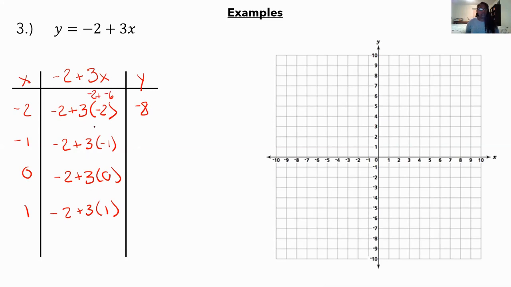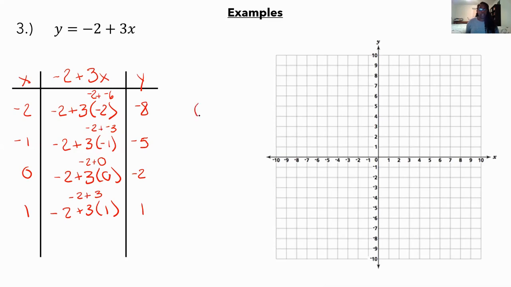Then -2 plus 3 times -1 is -2 plus -3, which gives me -5. -2 plus 3 times 0 is -2 plus 0, which gives me -2. And -2 plus 3 times 1 is -2 plus 3, which gives me 1.